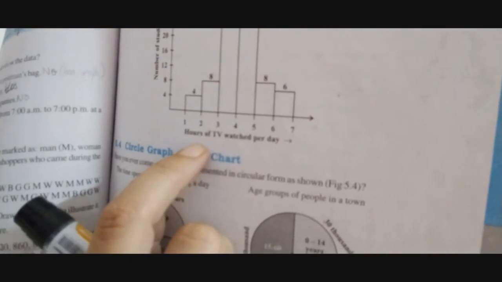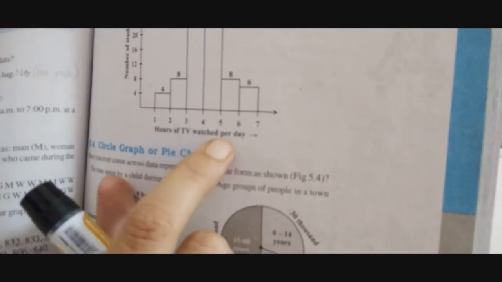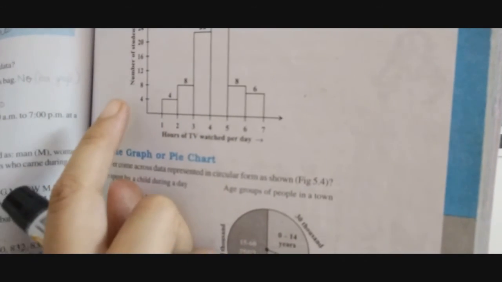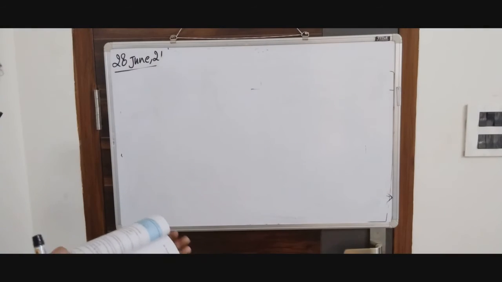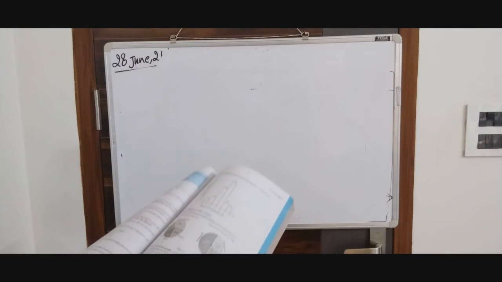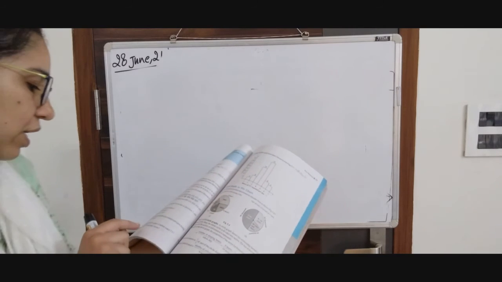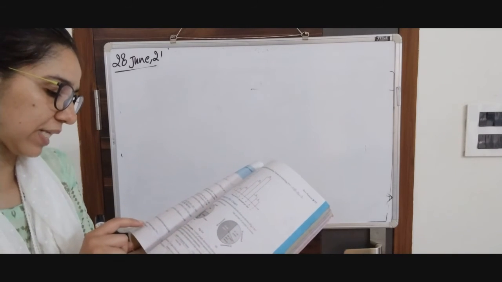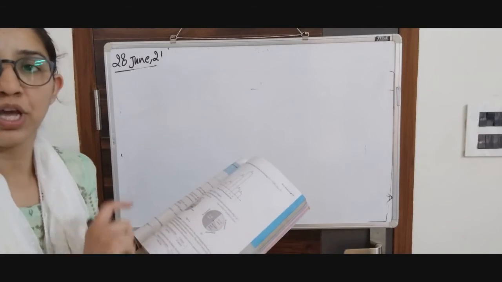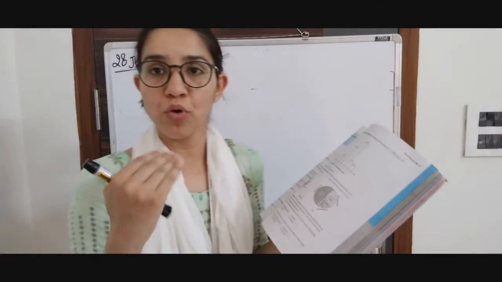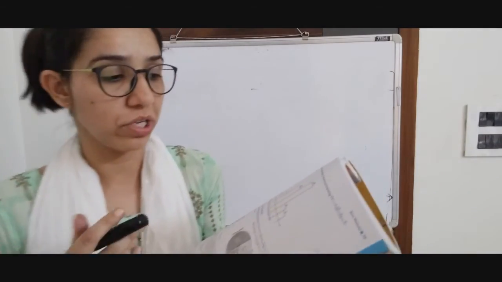On one side, hours of TV watched per day is given, and on another side, number of students is given. We have been asked a few questions from this graph. First is, for how many hours do the maximum number of students watch TV? We have to tell the maximum number of hours a student is watching TV.